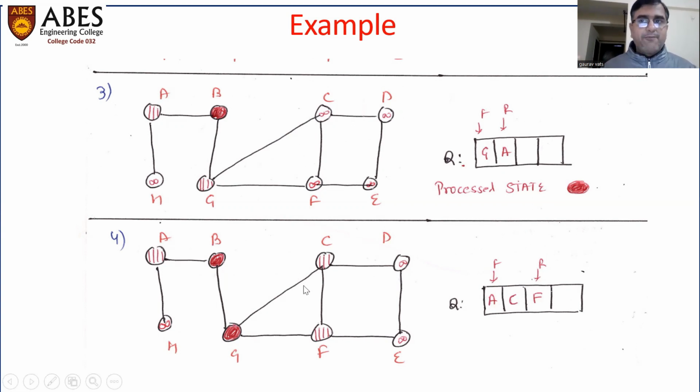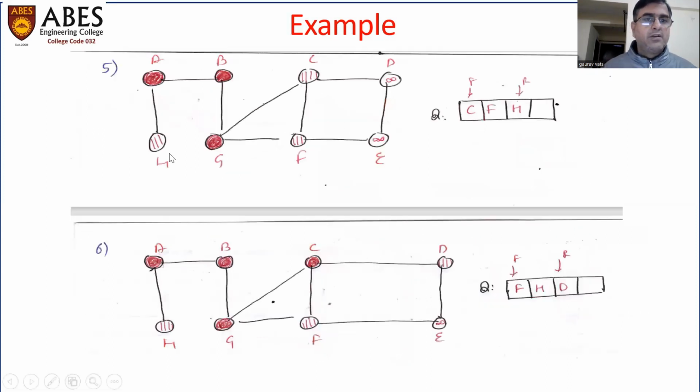Now again, step 4 and 5. Step 4 is saying remove the front element. After removal of G, A will come to the front. Remove A, process it, and change its status to process state. Its neighbors are H and B, and here only H is in ready state, so we'll change its status to waiting state.